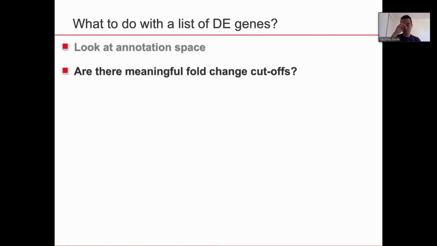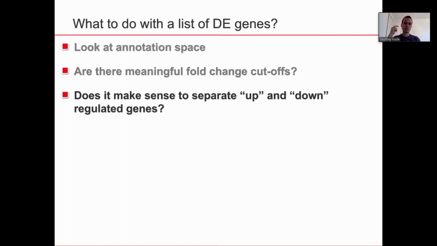Okay, so fold change cutoffs can be useful, but take it with a grain of salt. It's often more complex underlying biology. What some people try to do is separate genes that are upregulated versus downregulated, right? So genes, for example, that are expressed at a higher level in the obese mouse, or genes that are expressed at a lower level in the obese mouse compared to the control. Something to keep in mind with this is that in biological pathways, we have positive and negative regulators.